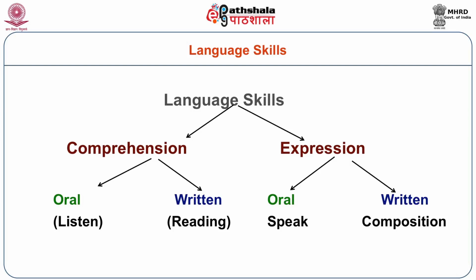Then there is expression. After reading, when we want to express it, we can express through speaking or through writing. So listening and reading are comprehension, while speaking and writing are expression.